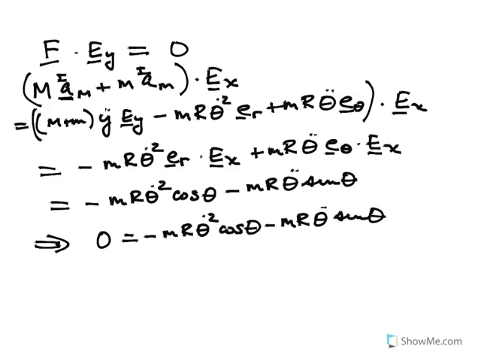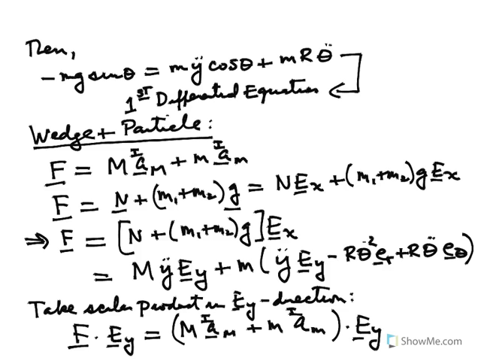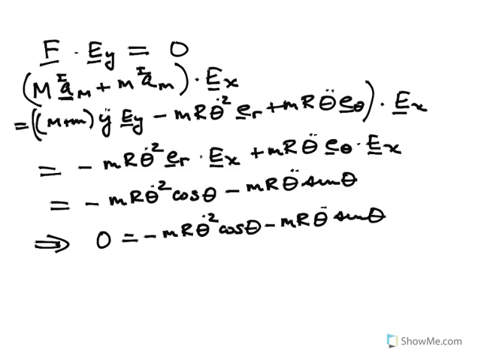Where you notice that in this second expression, because the acceleration has components in EY, and then there are these other terms that involve ER and E theta, we're taking the scalar product in the direction of EY, not EX. So this should be EY. Sorry about that. And this should be EY.